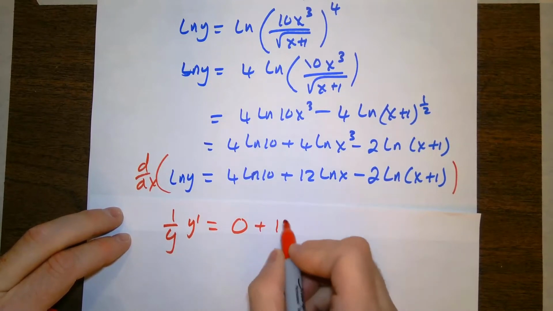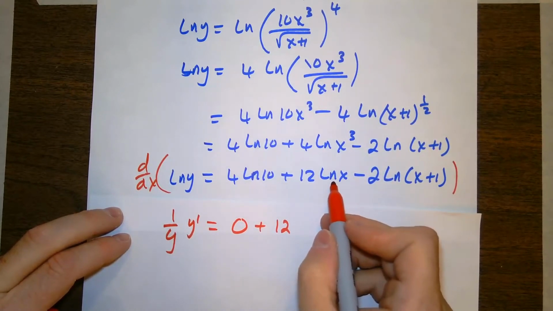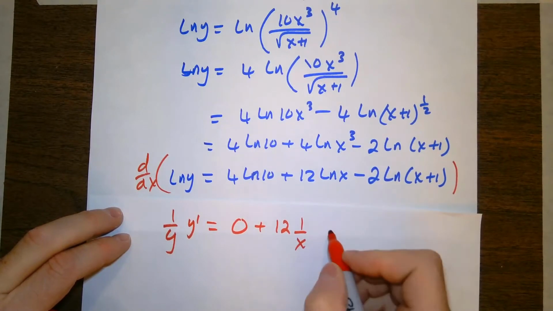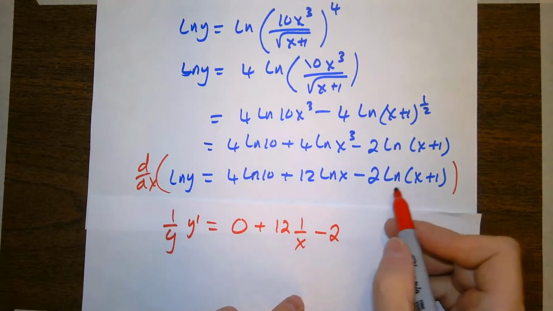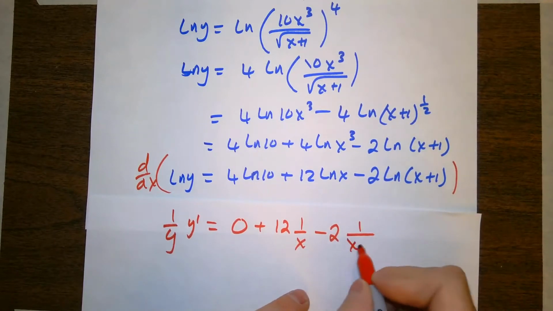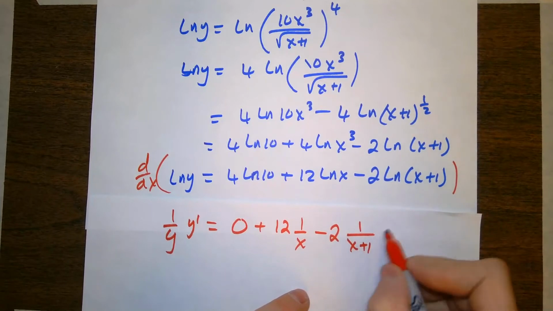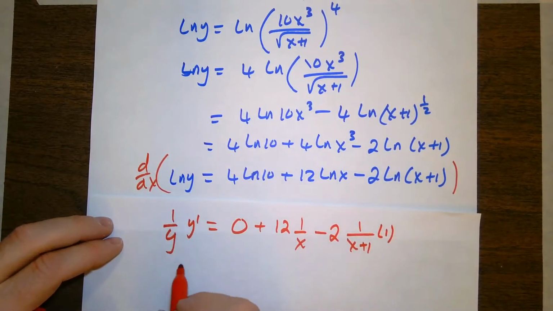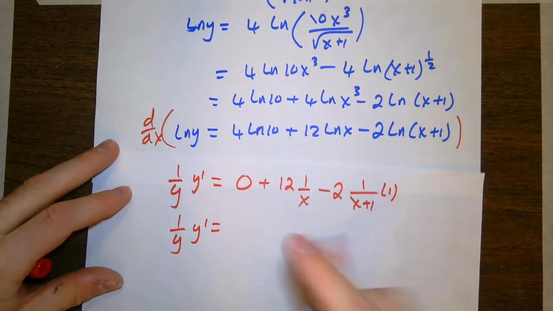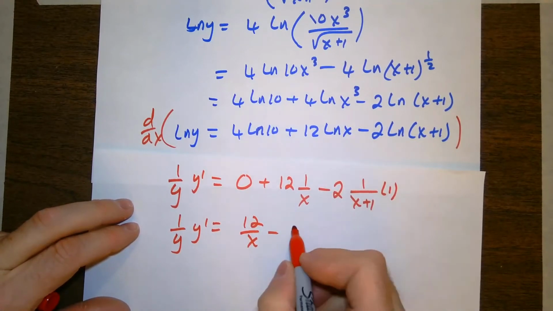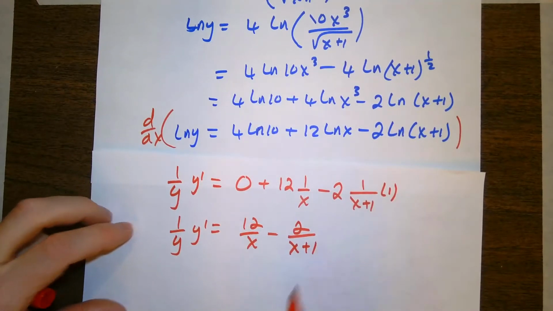Plus 12 times the derivative of the natural log of x is 1 over x, minus 2 times the derivative of the natural log of x plus 1 is 1 over x plus 1 times the derivative of x, which would be just times 1. So 1 over y times y prime equals 12 over x minus 2 over x plus 1.